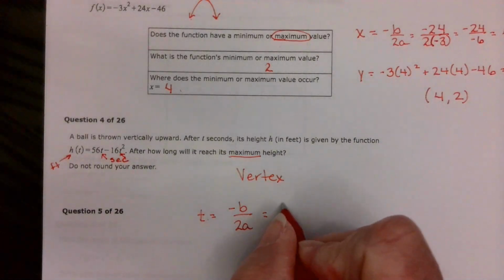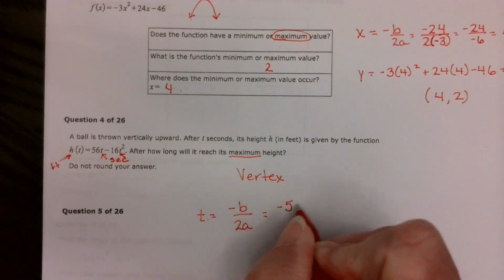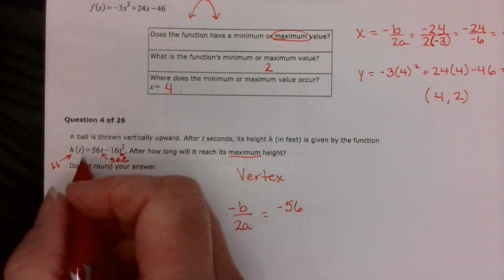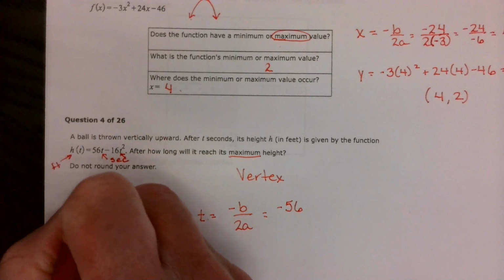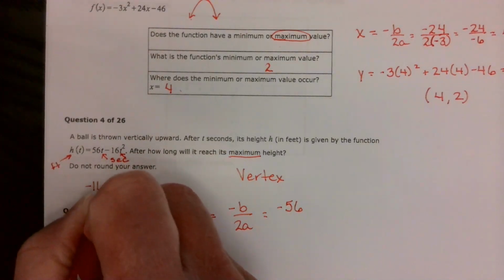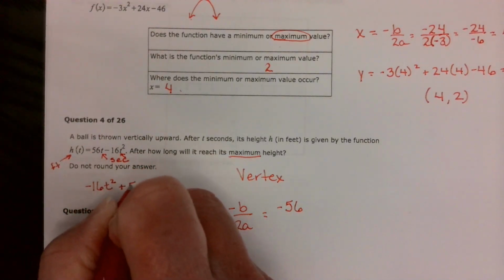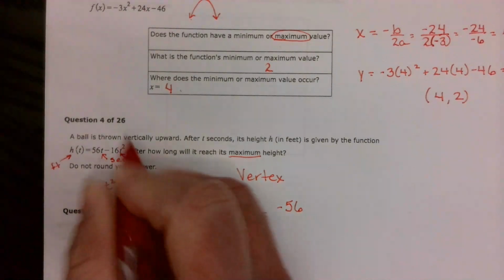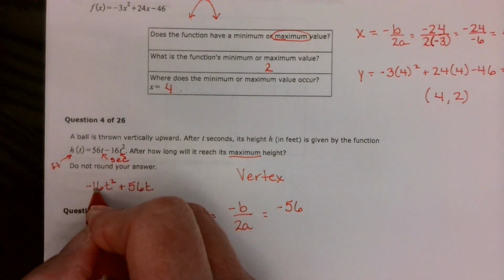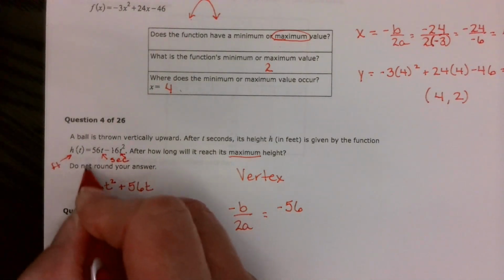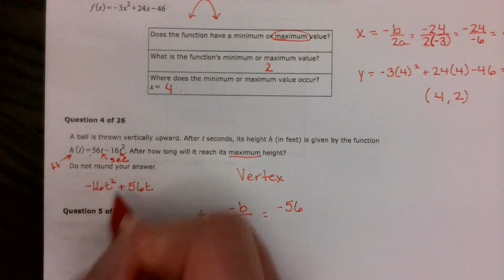So it's going to be negative 56. I could rearrange this and put negative 16t squared plus 56t. Okay, that was negative, so I made sure I kept it negative. This is positive, so I put a plus sign.